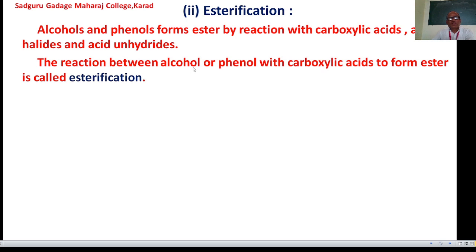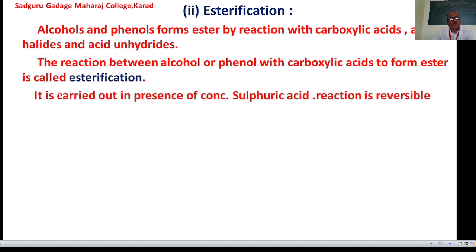The reaction between an alcohol or phenol with a carboxylic acid to give an ester is called esterification. So remember this definition of esterification.